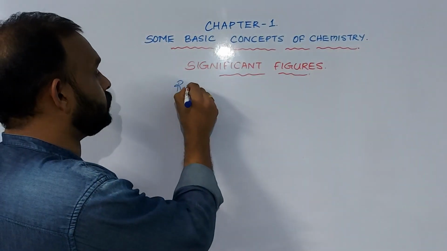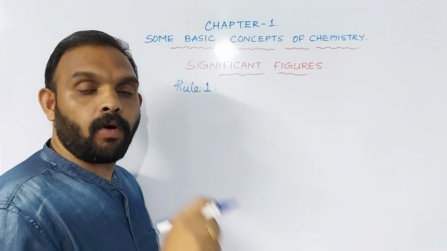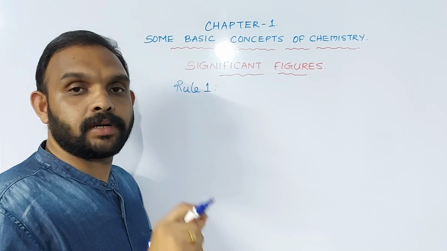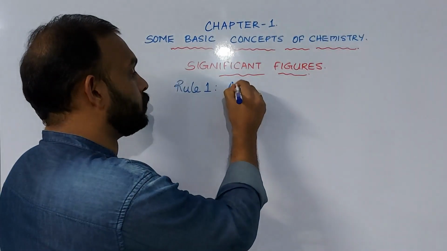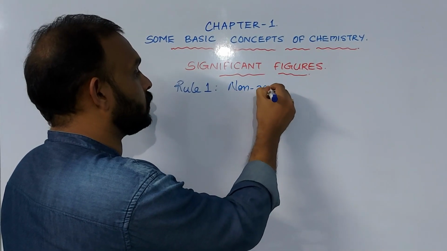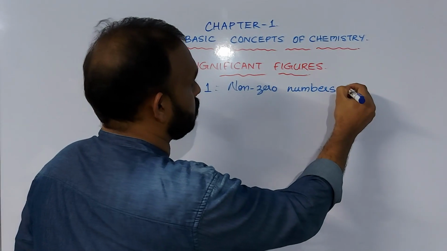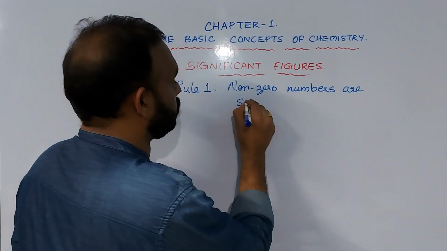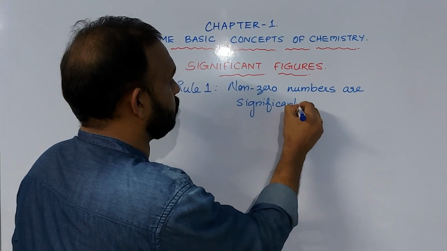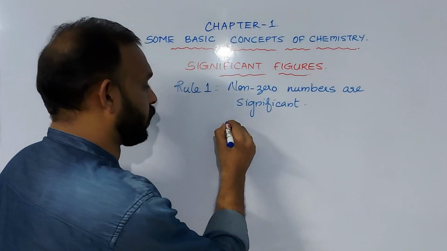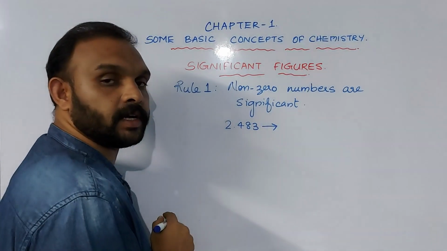Rule number 1: all non-zero numbers are significant. That means, for example, if you write 2.483, how many significant figures are there?